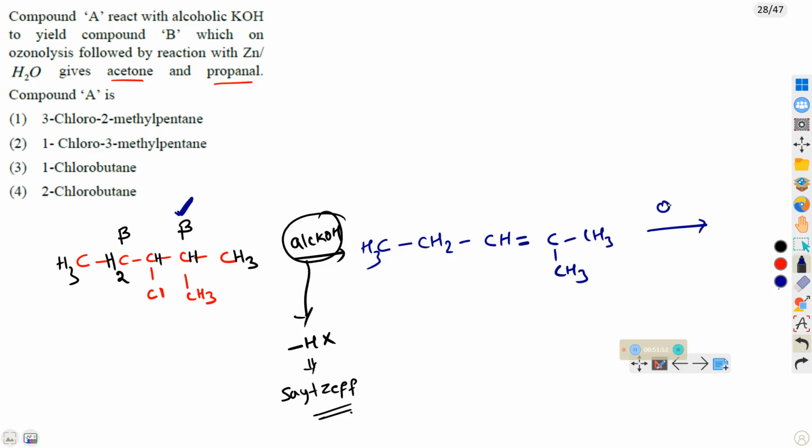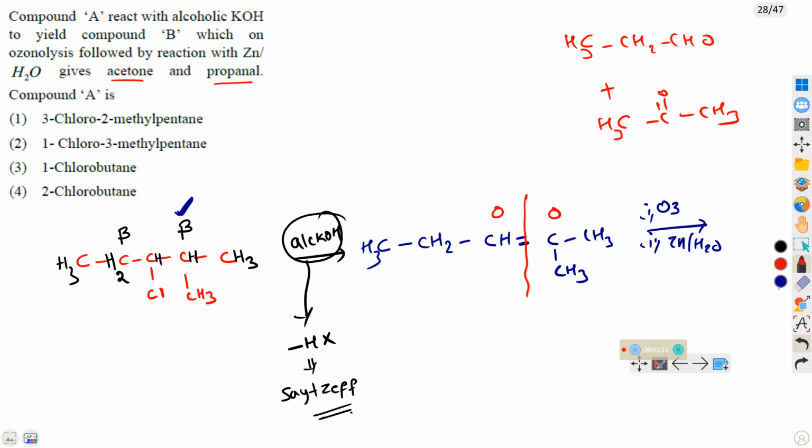On reductive ozonolysis, O3, Zn/H2O, the double bond breaks, with oxygen on the left side and the right side. Then it gives CH3CH2CHO plus CH3COCH3, acetone and propanal. No doubt, first option correct.